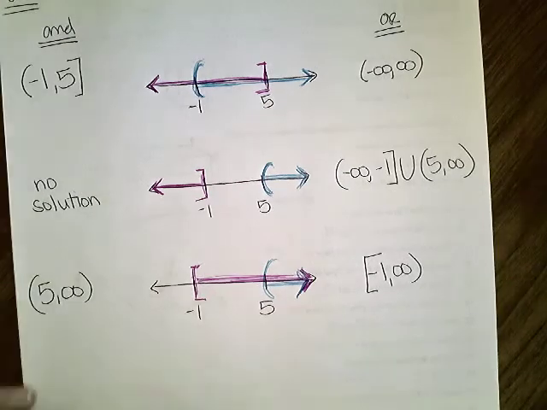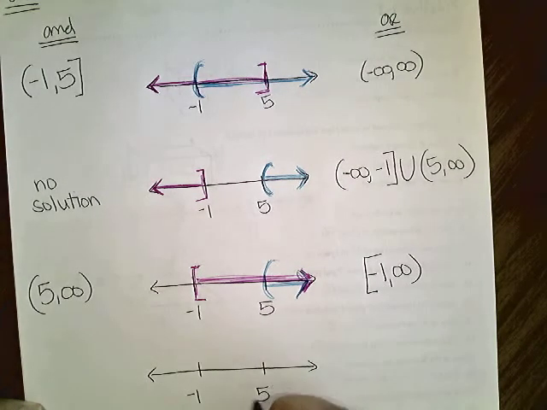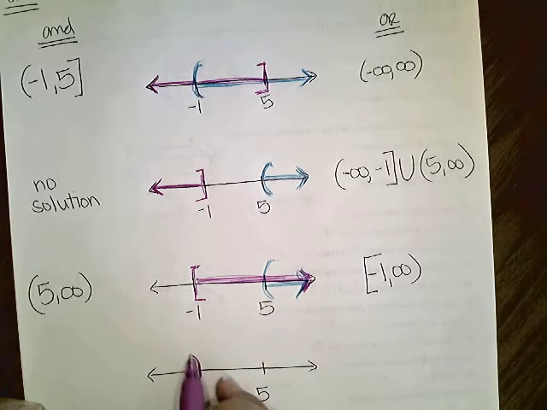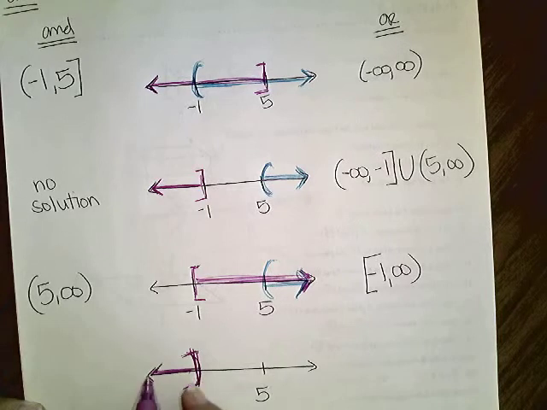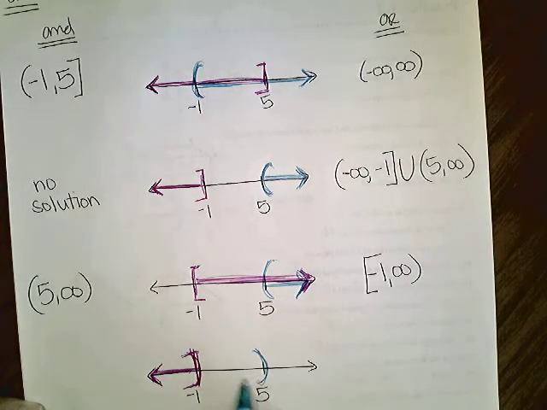And then we can also have this going in the other direction. So -1 to 5. I'll use a bracket, just to be consistent with all of our pinks. And there we have that one.